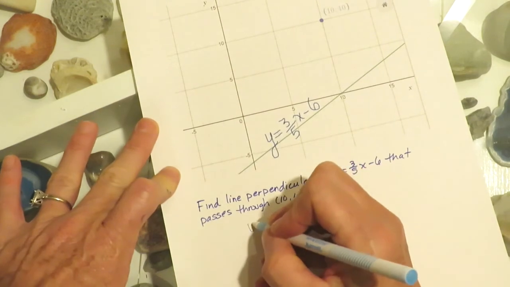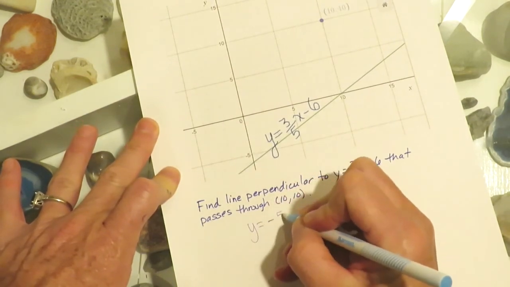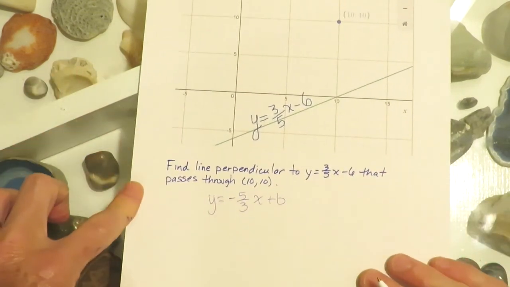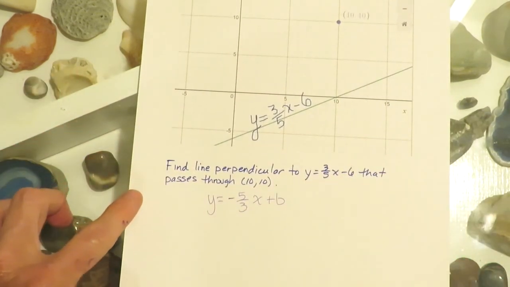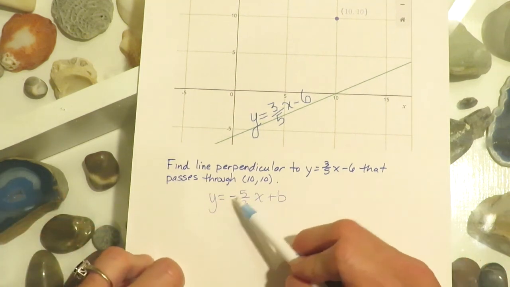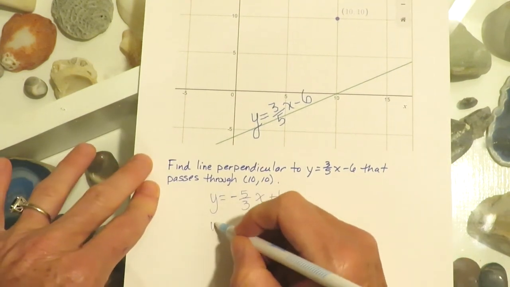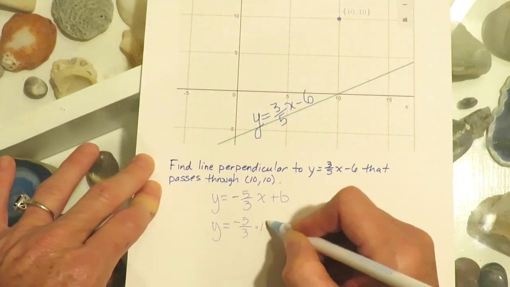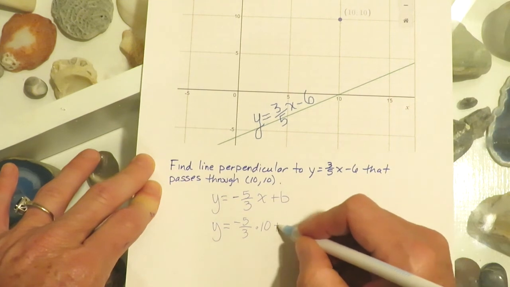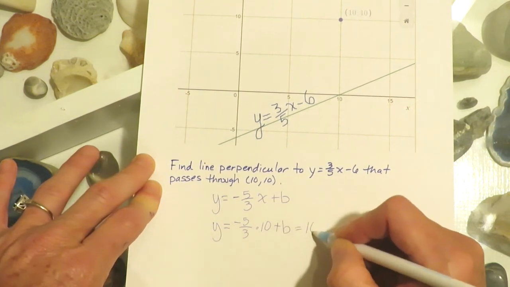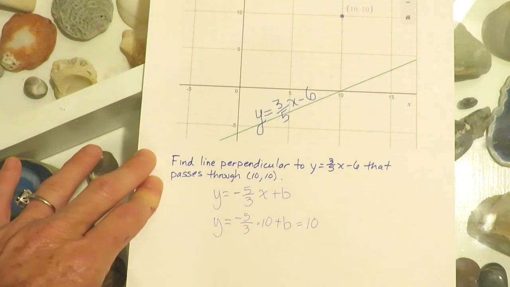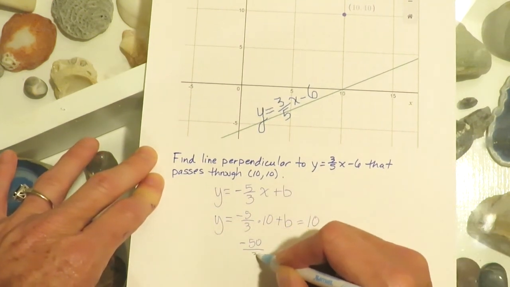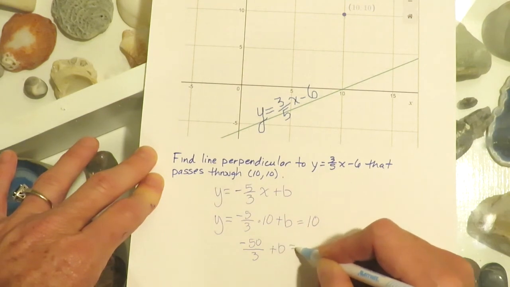So I know that my slope should be negative 5/3, because the slope should be the opposite sign and the reciprocal. Then I want to find b, so I will plug in my known x of 10, and I should get out 10. If I do that arithmetic, I get negative 50/3 plus b is equal to 10.